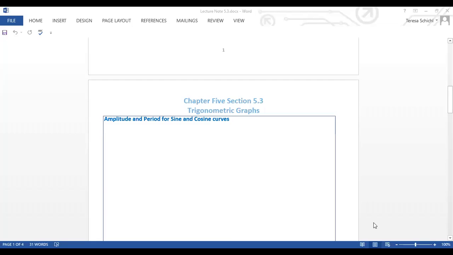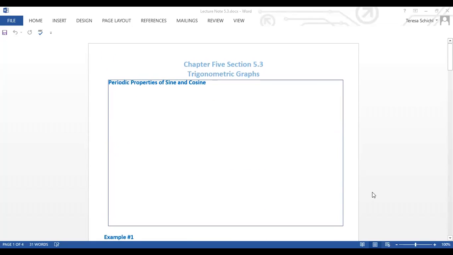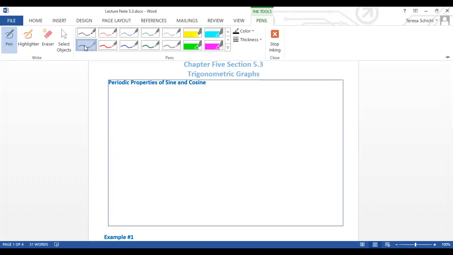So the first thing, let me share our lecture notes. The first thing we're going to talk about is the periodic properties of the sine and cosine functions.